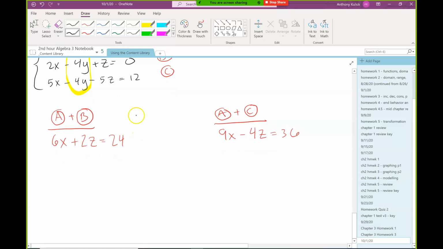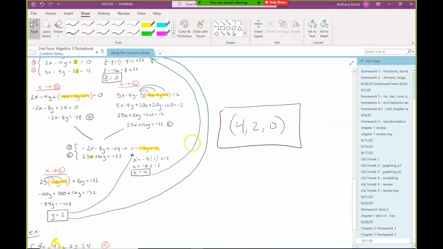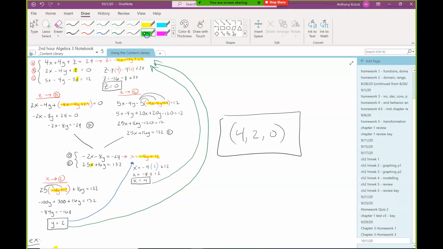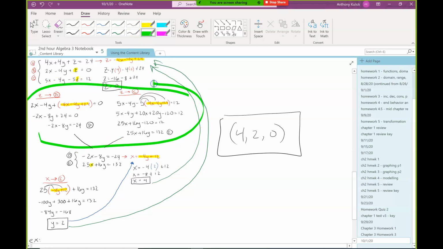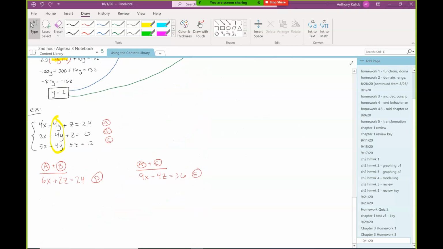So I'm going to refer to these guys as equation D and equation E. Just as an aside here, I want to point out how much quicker we got to equations D and E by doing elimination than we did by substitution. Look at all this stuff that we had to do for substitution to get to D and E. Look at what we had to do here.